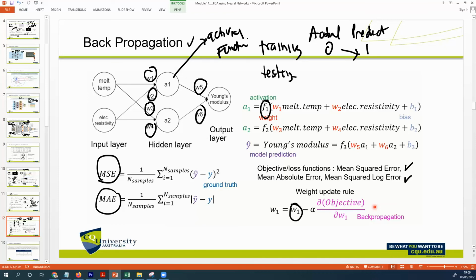Yes, the weight, the coefficient. So bias is the constant? Yeah, almost the same like a constant. While in the neural network, we call it bias.